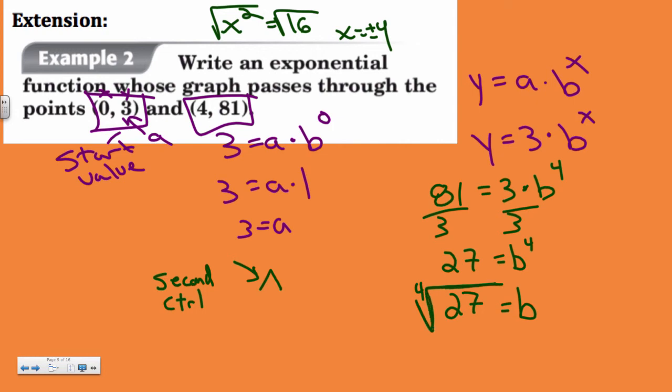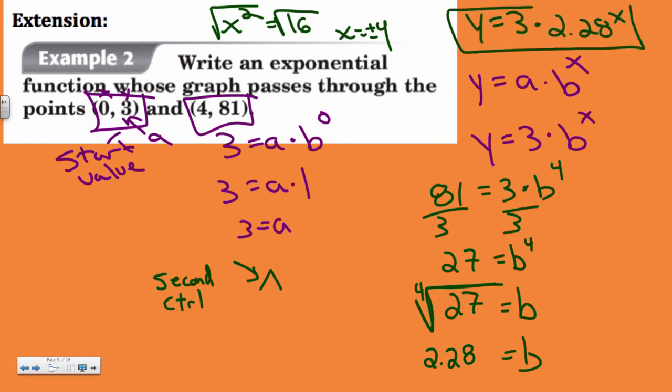And you can plug in 4 and then 27 into the boxes, and I would get b equals 2.28. So therefore, my exponential function is y equals 3 times 2.28 to the x. And that is my extension problem on how to find the equation of that exponential function.